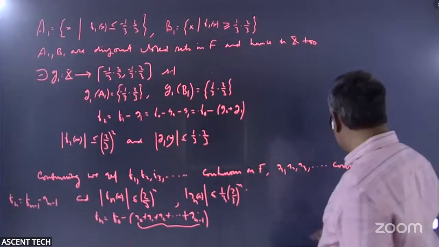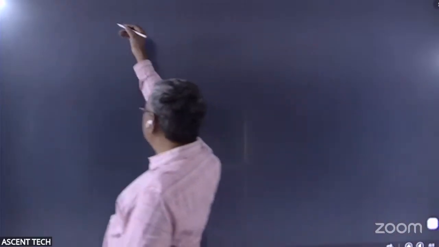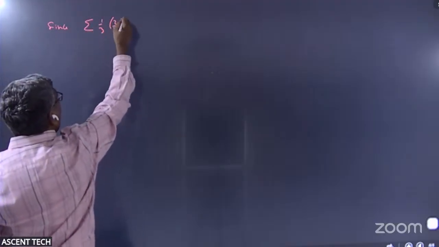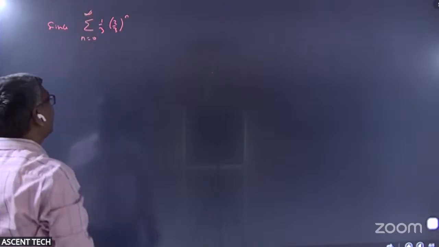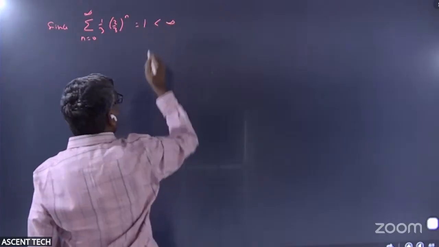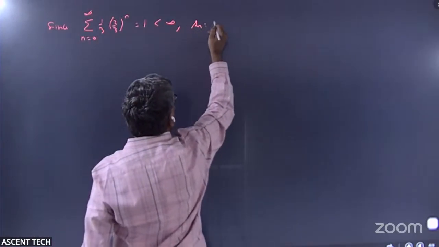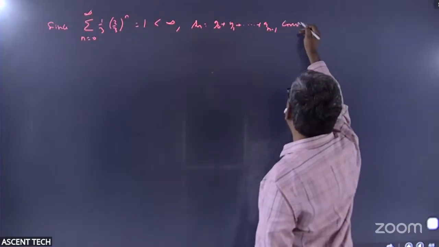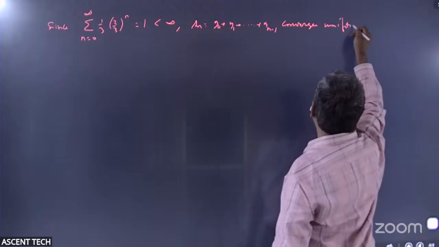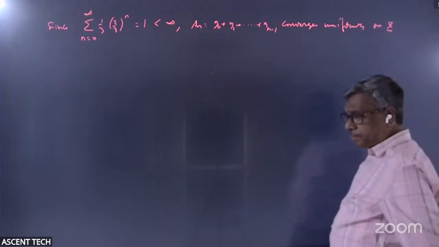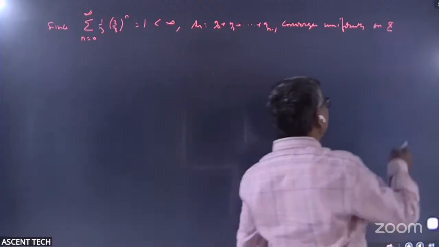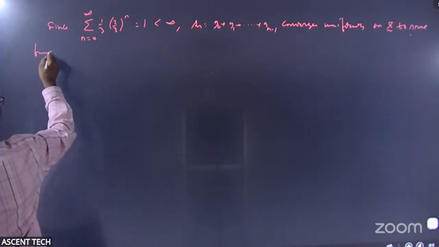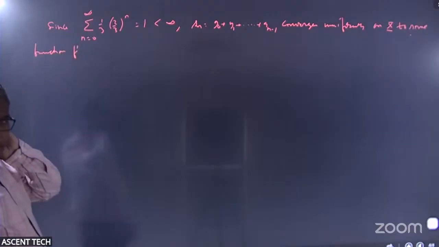Since the series sigma 1/3 into 2/3 power n, n equal to 0 to infinity, converges, this Sn equal to G naught plus G1 plus etc. plus Gn minus 1 converges uniformly on X to some function F. Maybe this is the F dash I want to take.